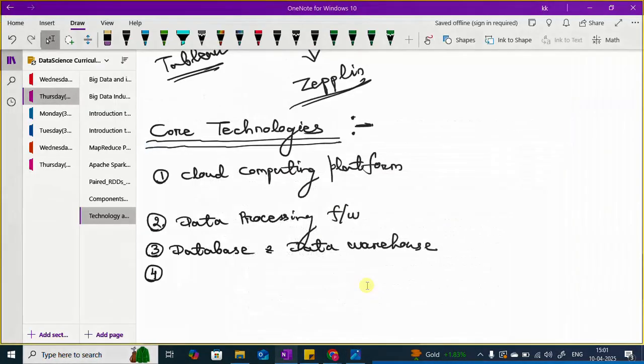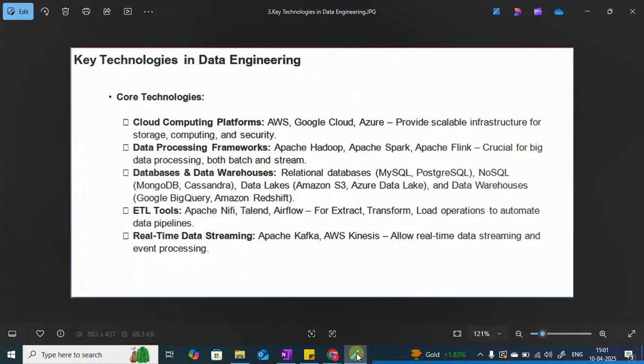Fourth one is ETL tools. Fifth one is real-time data streaming.